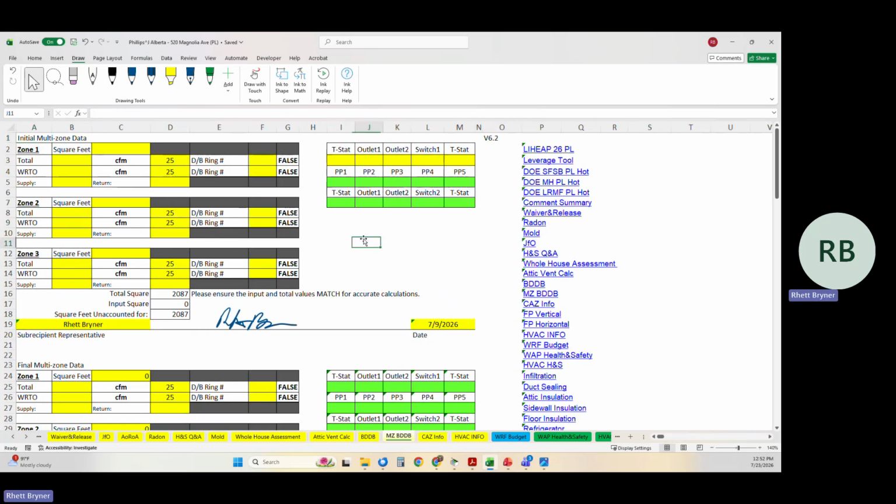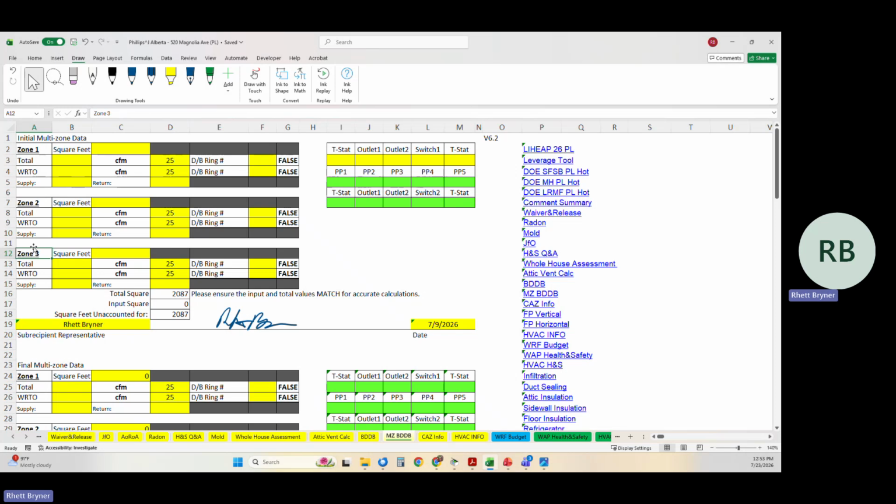Okay. So in this case, the reason it's called multi-zone, your multi-zone form, is because each of these zones is created in case you have multiple air conditioning systems. Sometimes, especially in two-story houses in Texas, you'll see the upstairs has one AC system and the downstairs has another.